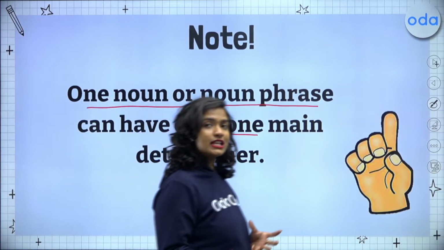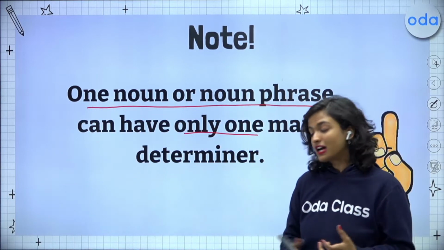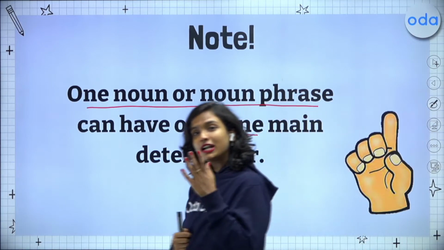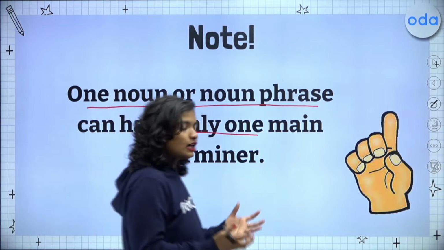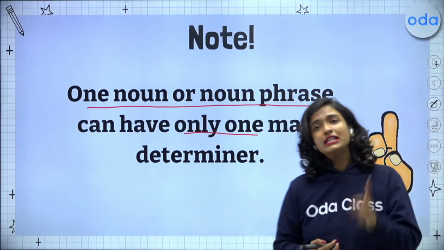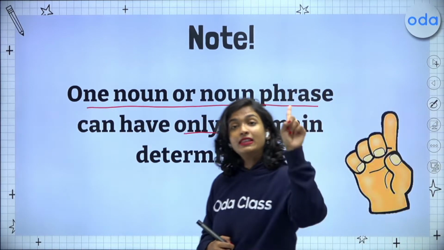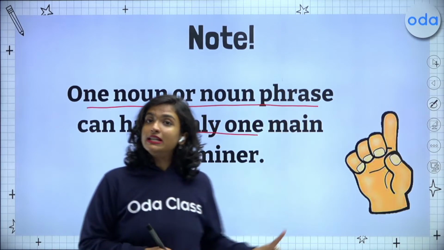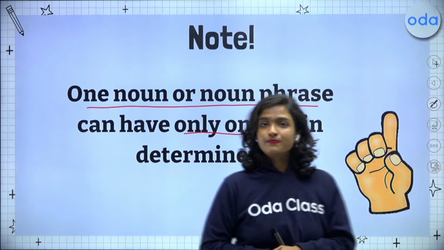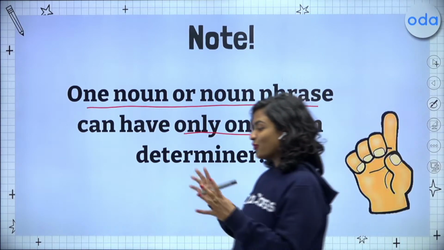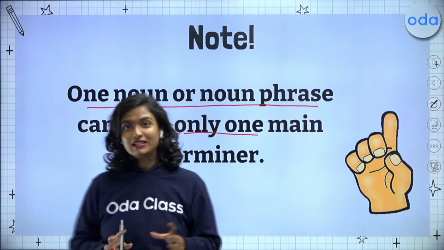Similarly, if it has a possessive, it cannot have an article or a demonstrative, and the same for demonstratives. All right. One noun or one noun phrase can only contain either an article, a possessive, or a demonstrative. Okay, now students, I want you to keep all of this in mind, right?